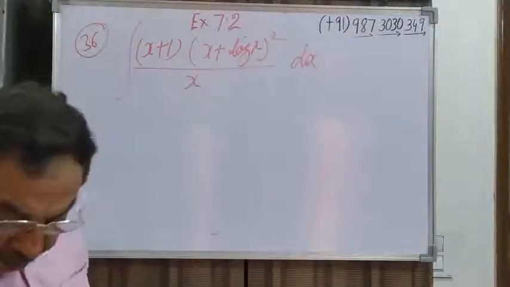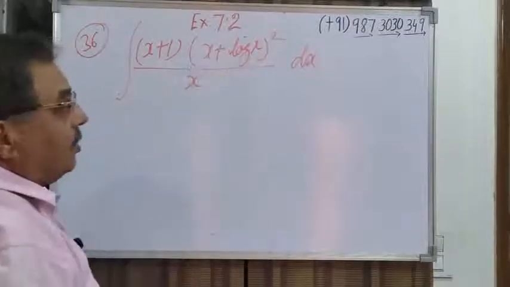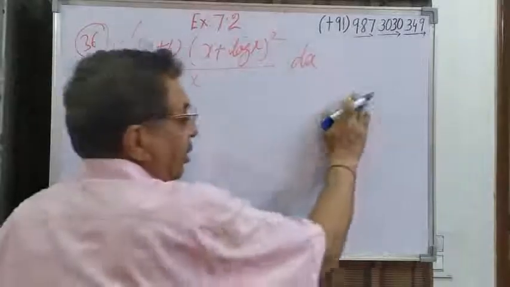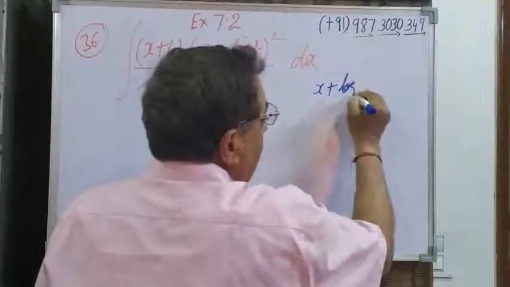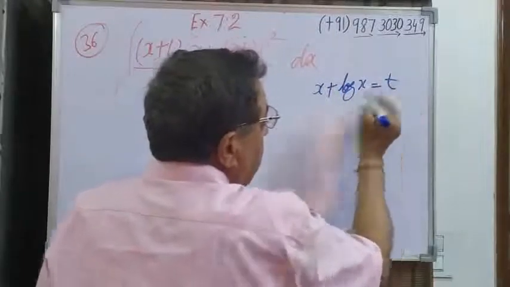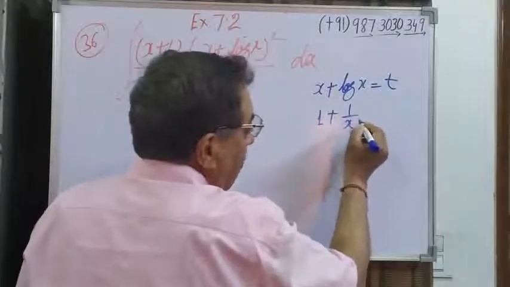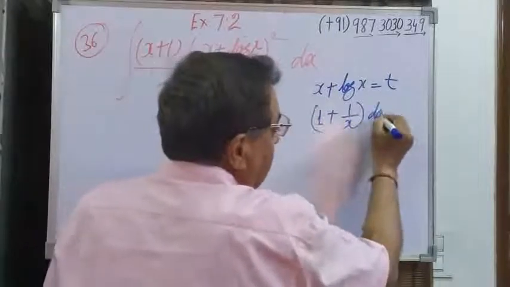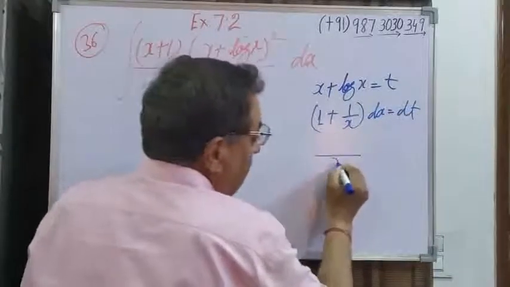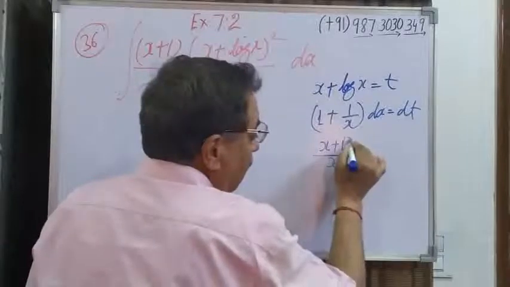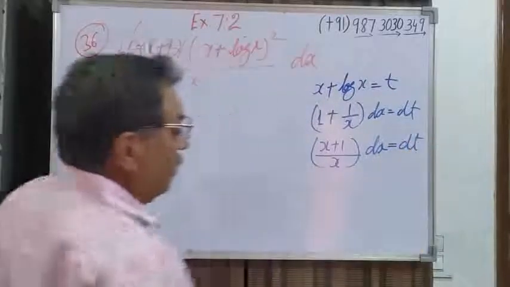Now what I see is that x plus log x seems to be the function. The reason behind that: if I take x plus log x equal to t, the derivative of x is 1, and of log x is 1 upon x, and dx is equal to dt. If I simplify this with x as LCM, x plus 1 upon x dx comes to be dt, isn't it?